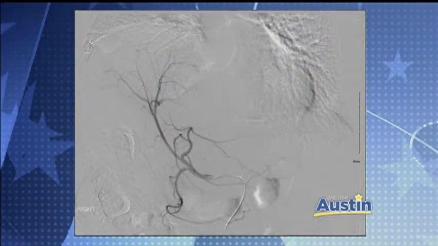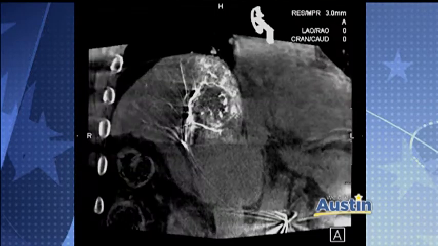We can use an angiogram to help guide a catheter. You can see here an angiogram where we have a selected image into the liver, and you can see the tumor enhancing in this picture. We then did a special picture to get really close and see exactly the enhancement pattern of this tumor.